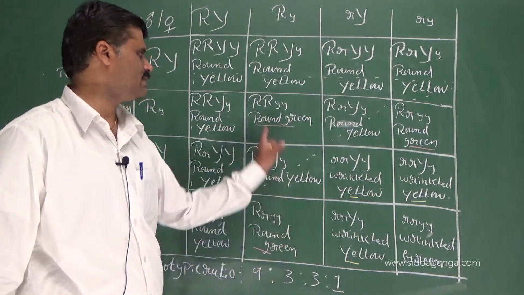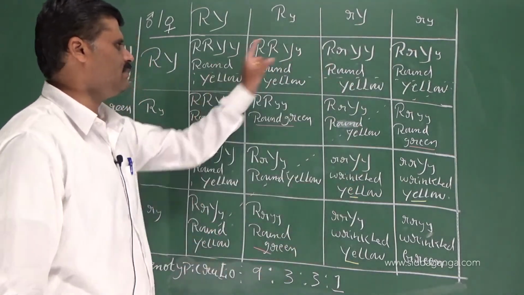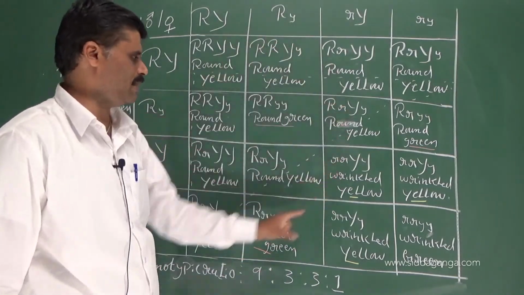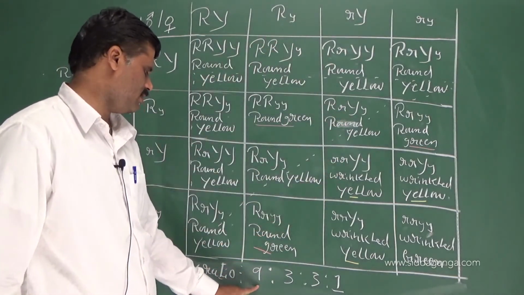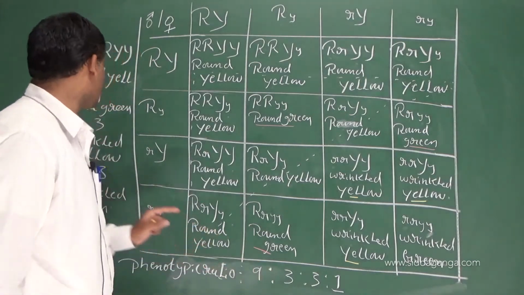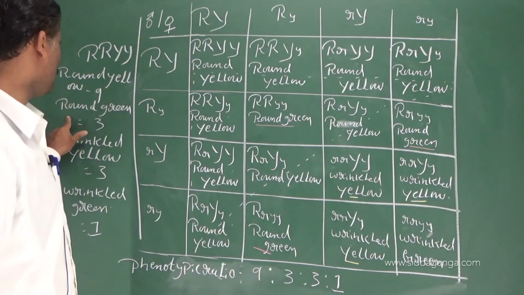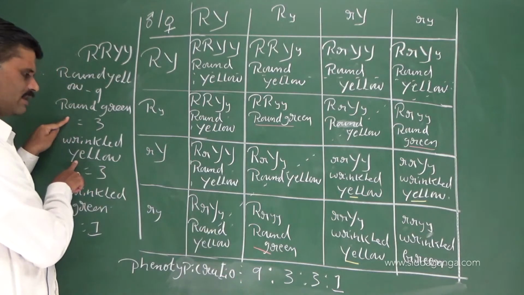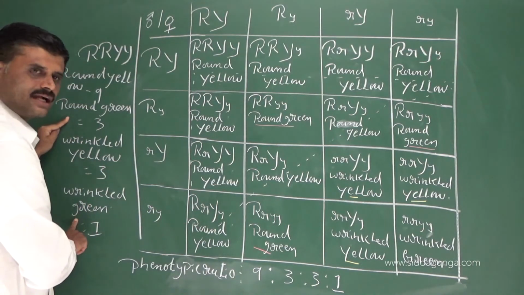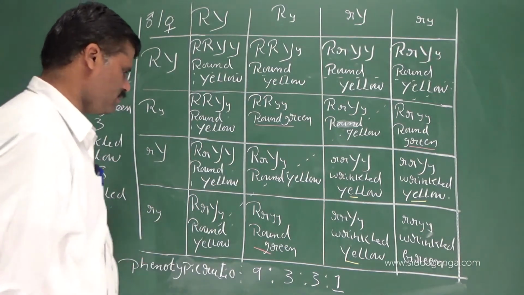Out of 16 plants, 9 plants are round yellow, 3 plants are round green, 3 plants are wrinkled yellow, and 1 is wrinkled green. This is the phenotypic ratio.